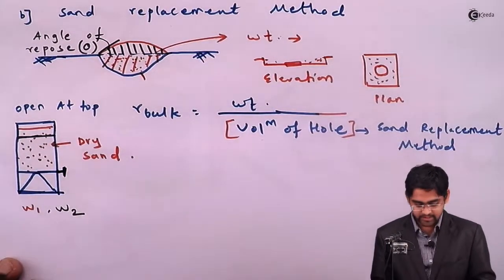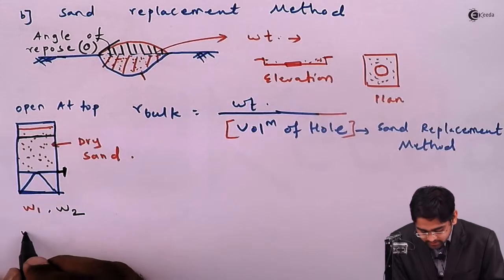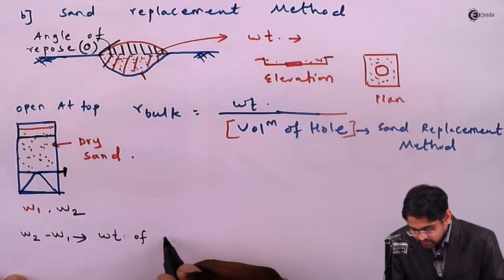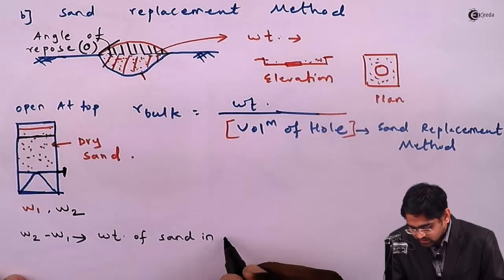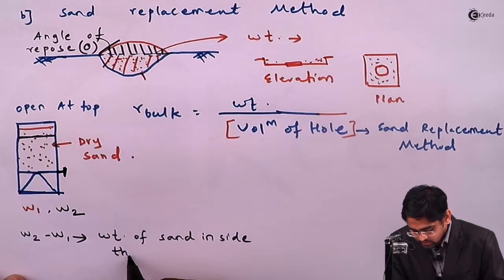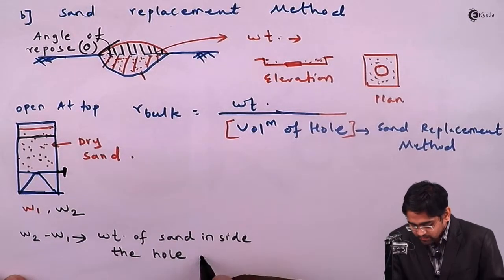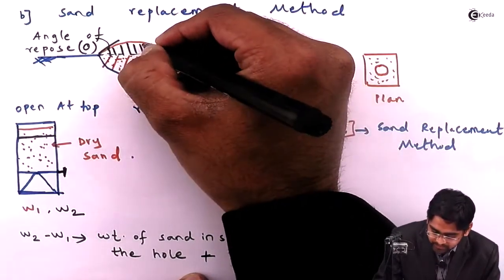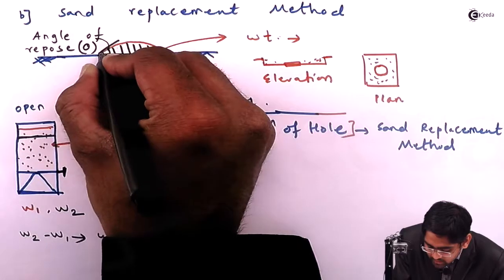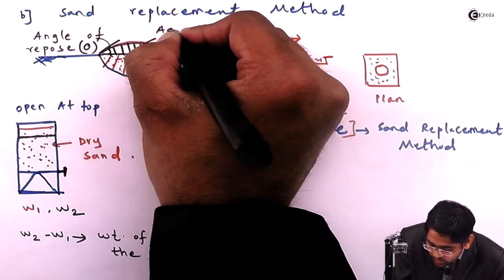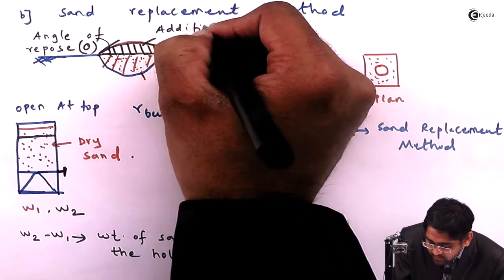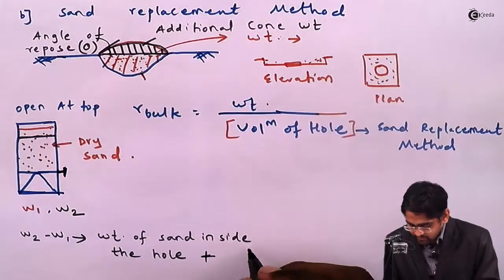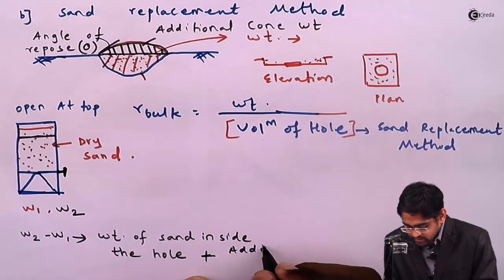The difference W2 minus W1 will give you the weight of sand inside the hole, right? Plus we have got this additional volume. Mark it by black pen. This is the additional cone weight.